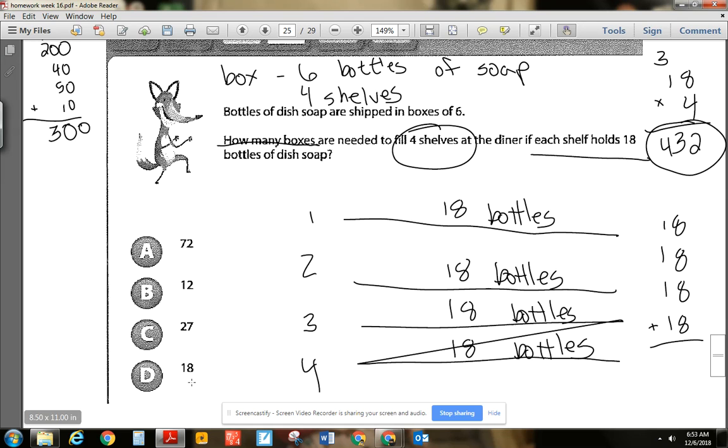Well, that's not even how many boxes, right? So how many boxes would make 432 bottles? Well, I need to divide. 432 divided by 6. That's going to tell me how many boxes.